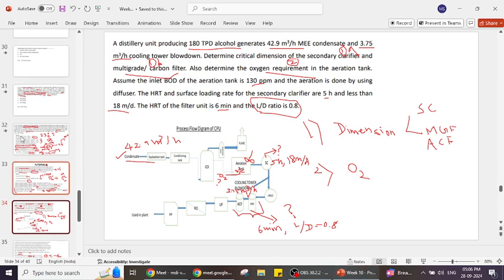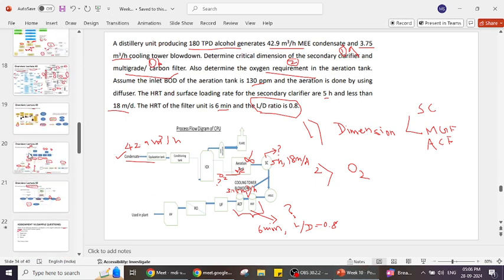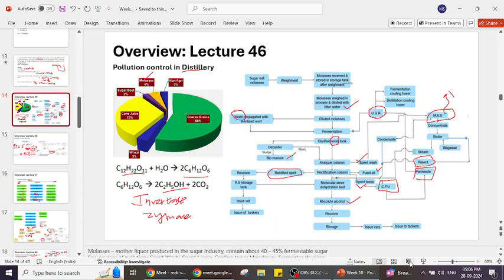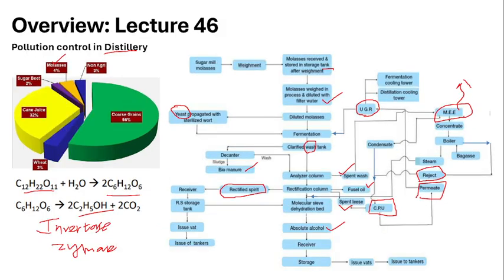I will show you this process diagram. If you see here, we have two different streams. One is the MEE stream and another one is this CPU stream.